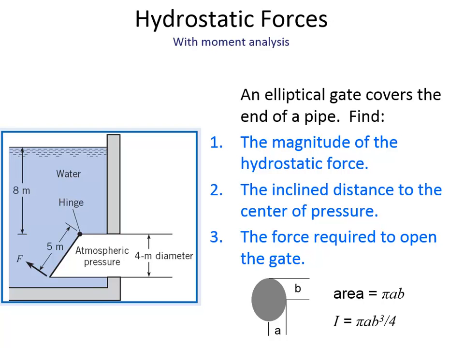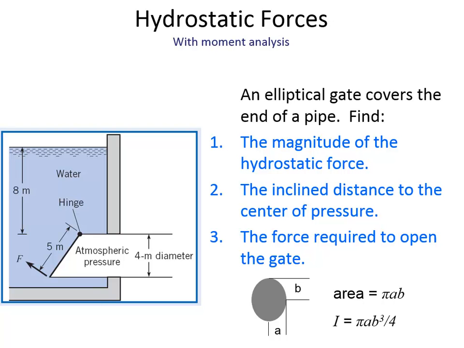So we've got an elliptical gate covering the end of the pipe, and the geometry here, if you notice, it's a 4-meter diameter pipe, and so the pipe itself is circular. It's just that we've cut the pipe at an angle, and that's what makes the gate that goes on the top of it be elliptical. Think about if you have a circular can, like this can right here, Arizona green tea.